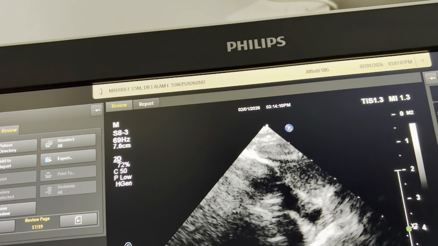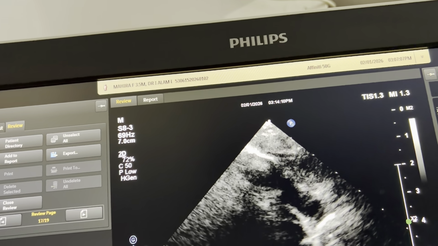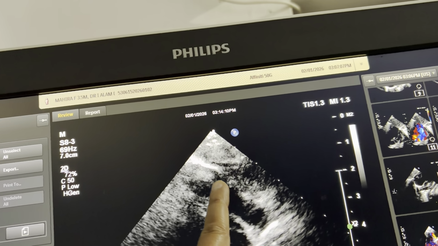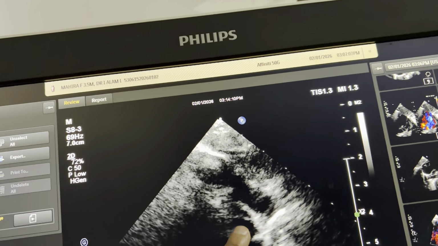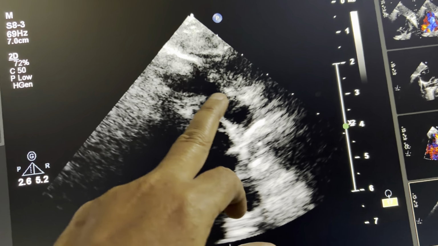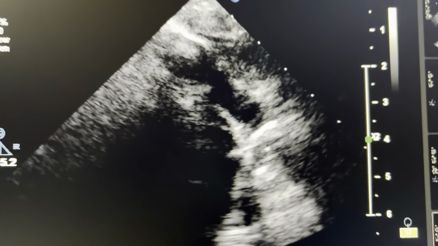You can see two arches. This is the aortic arch, and this is flow through the vertical vein into the left innominate vein. This is the aortic arch, and this is flow through the vertical vein into the left innominate vein.